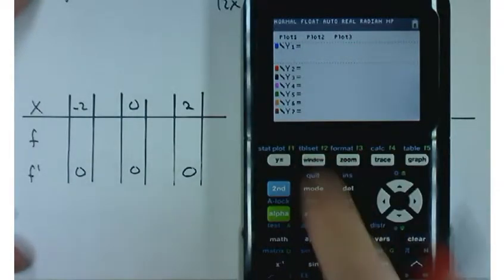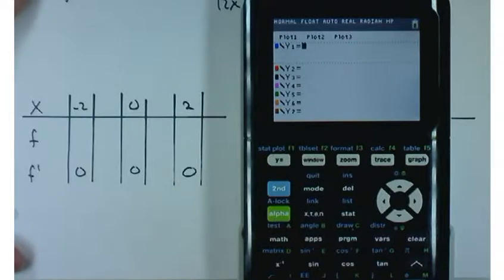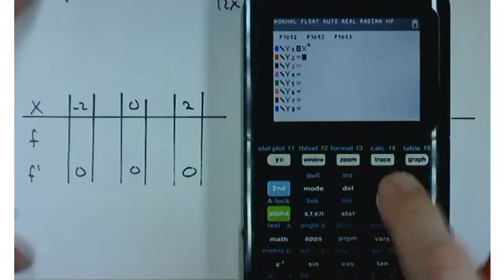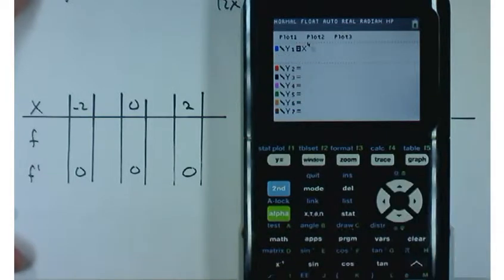So I'm going to put in the original function, x to the 4th. Well, no, we're not going to test in the original equation. I guess we can put in the function and the derivatives as well if we want. X to the 4th minus 8x squared plus 8. So there's the function.